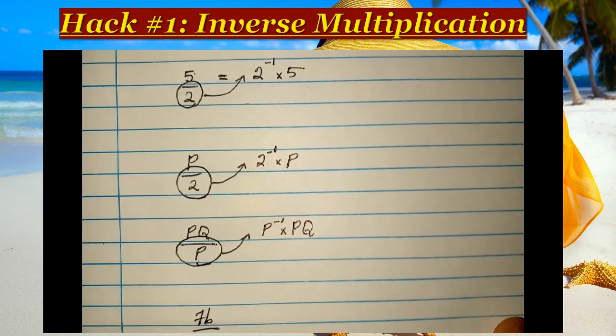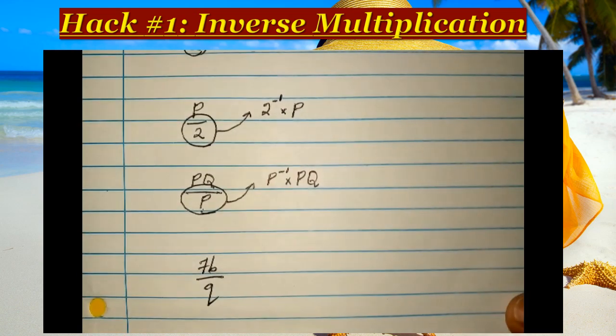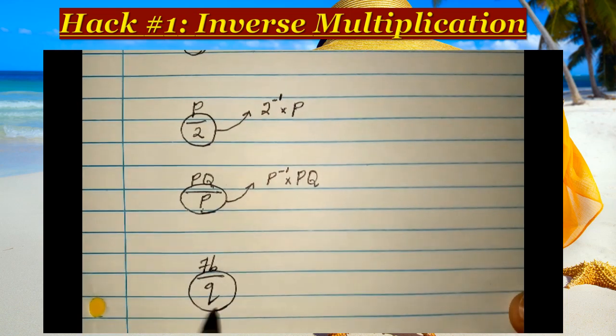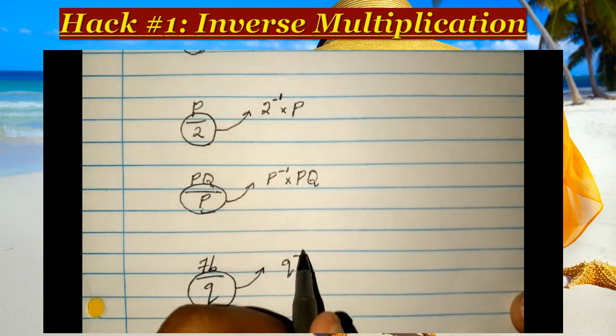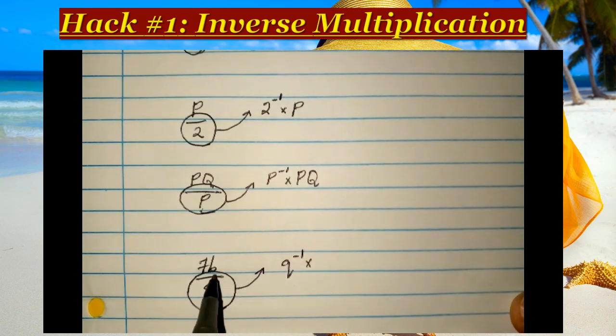Let's keep going. Look at this one, the last one: 7B divided by Q. There's no division in matrices, so I'm going to have to rewrite this part using the hack. Rewrite it as Q inverse multiplied by the numerator 7B.